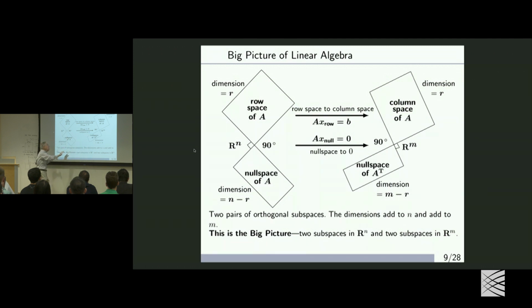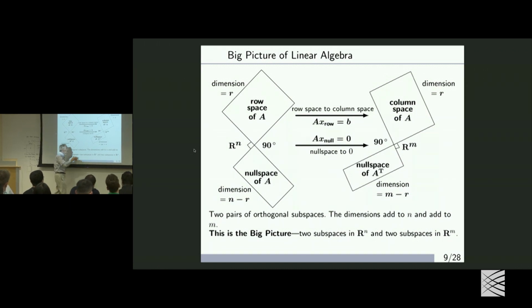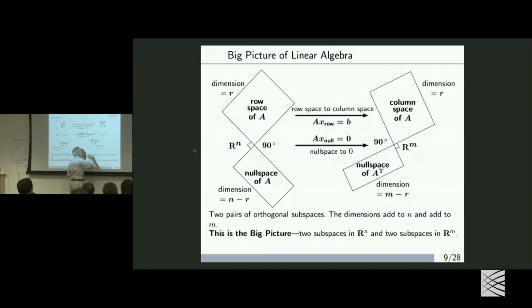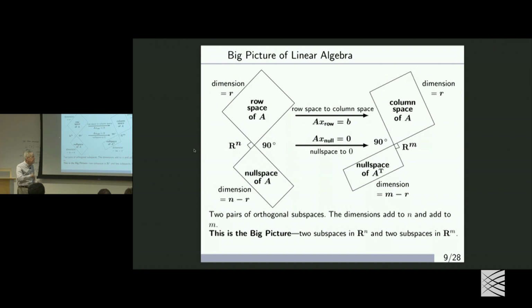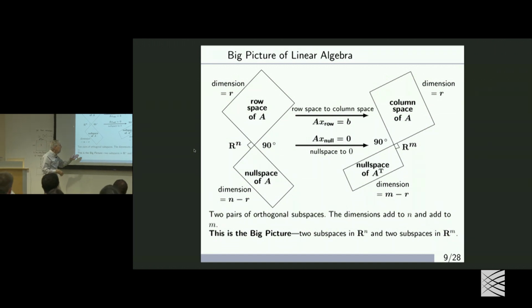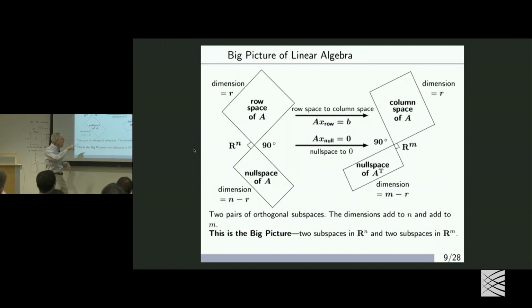Those have the same dimension, R. So what a matrix really does is take this R-dimensional row space, multiply by A, and you get something in the R-dimensional column space. And then these null spaces just sort of disappear. When you multiply by A, that takes the vector to 0.